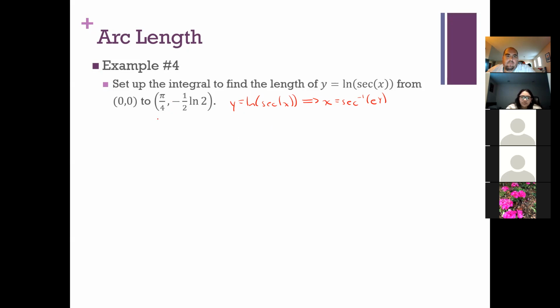You find the derivative. Okay, so let's find the derivative here. So f prime of x, what is the derivative of the natural log of secant x? Is it 1 over secant x? Definitely at least contains that.